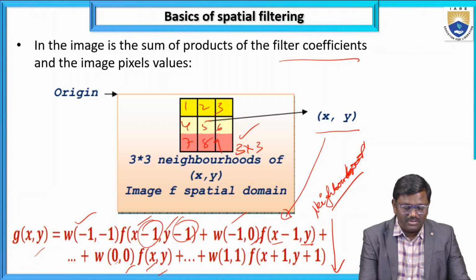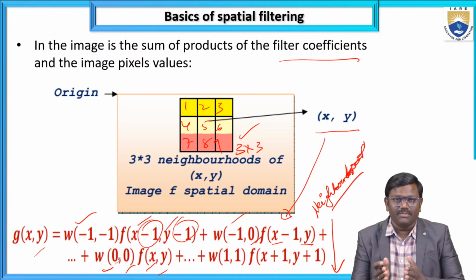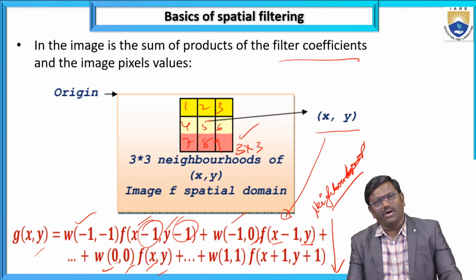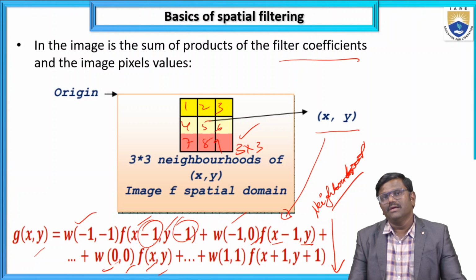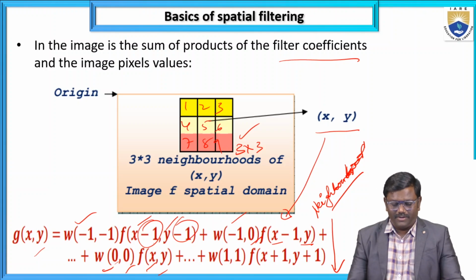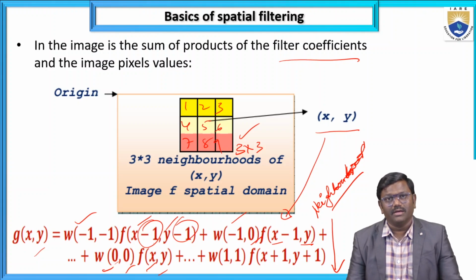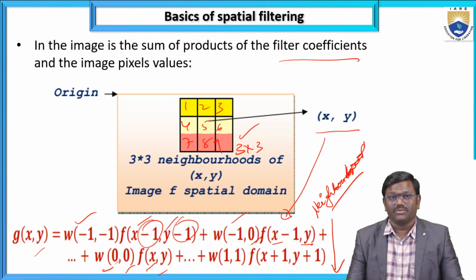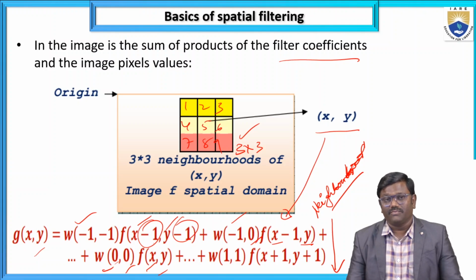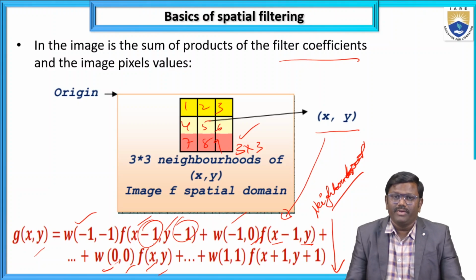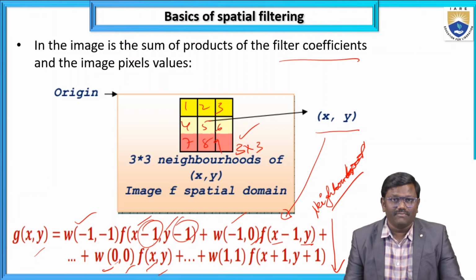So that means this window value of 0 comma 0 is nothing but the x-axis versus y-axis value not varying. It is kept constant, while in the neighborhood the pixel values change. Like that, we can understand the product of the filter coefficients and the image pixels, and how it varies, to convert f of x comma y to g of x comma y when we apply some spatial filter, which we may call a linear filter.